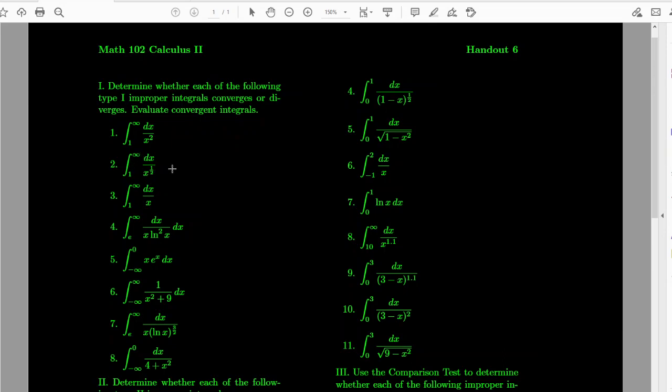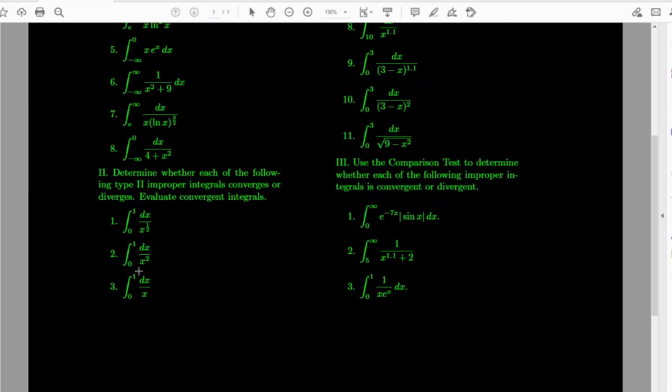This one is divergent. So basically, type 1 improper P integral is convergent when P is greater than 1, represented by question 1. When the value of P is less than or equal to 1, the type 1 improper integral is divergent. We have seen that last time I summarized.